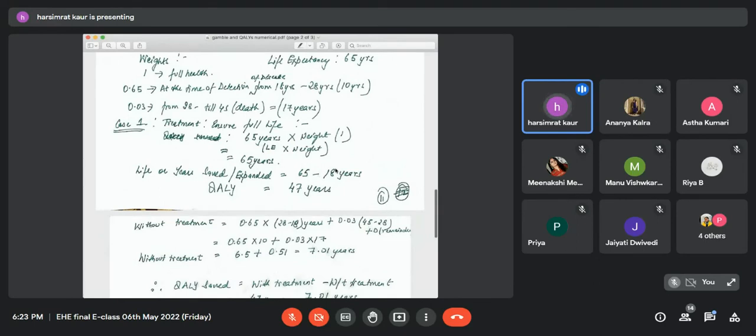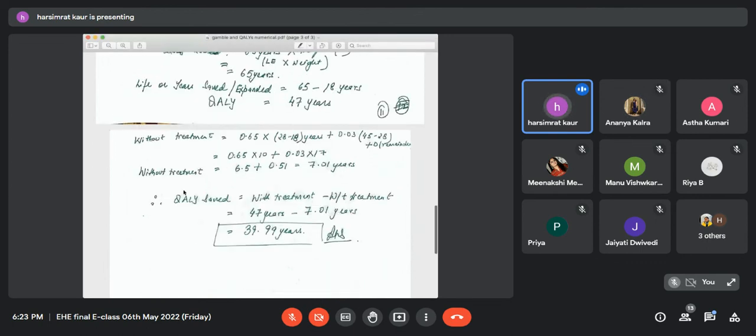At the age of 18 years I was detected. So basically, 47 years of my life have been expanded because I went for the treatment. Guys, I hope this point is clear. Is this clear? Did everyone understand? Chiya got it, did the others get it?